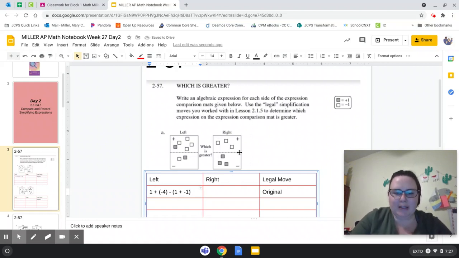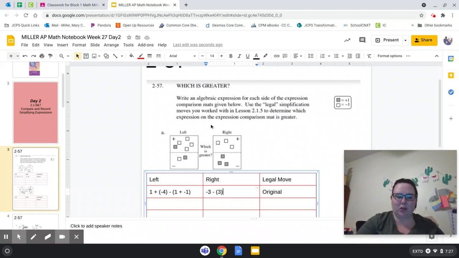Then over on the right side, when we start, this is still our original here, we have 3 negatives. Then we have the opposite of everything on the bottom, which is 3 positives. Remember, the transparent ones are negative and the colored in ones are positive. So these are our original equations or expressions that are representing exactly what is on here first.